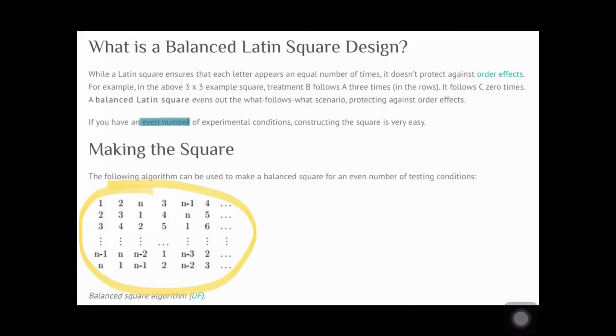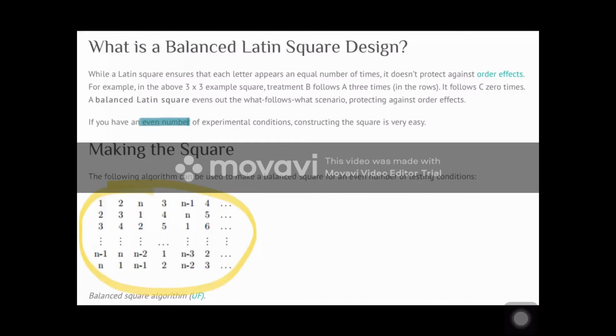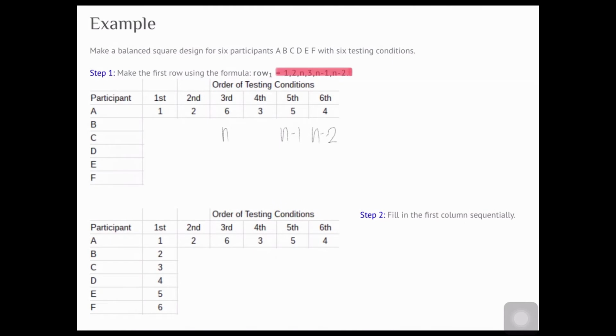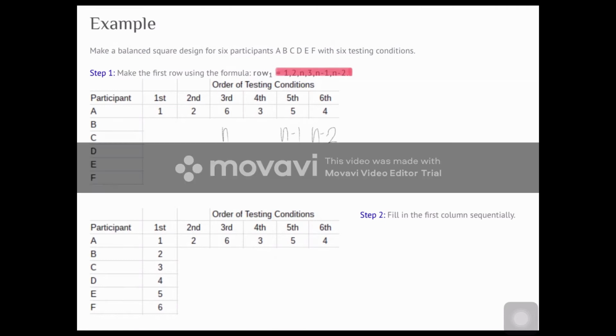The yellow highlighted numbers are our reference in doing the square. For example, make a balanced square design for 6 participants: A, B, C, D, E, and F, with 6 testing conditions.